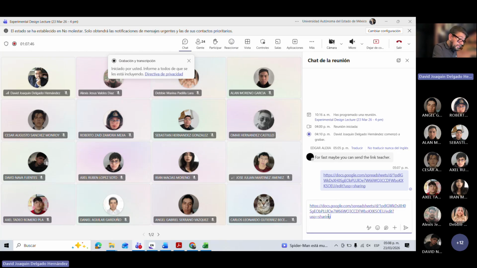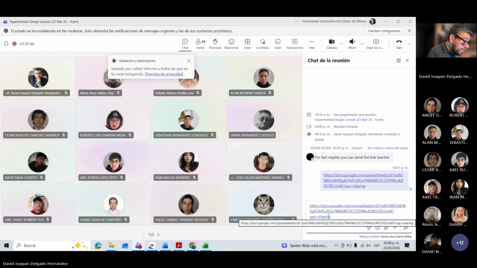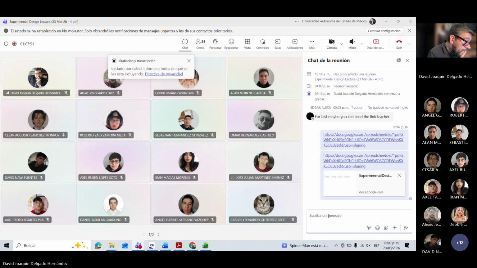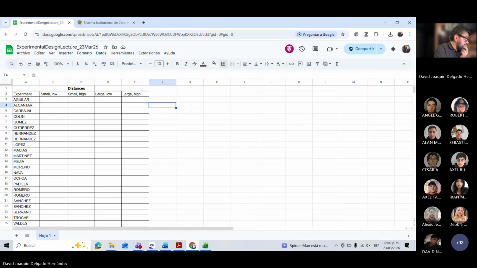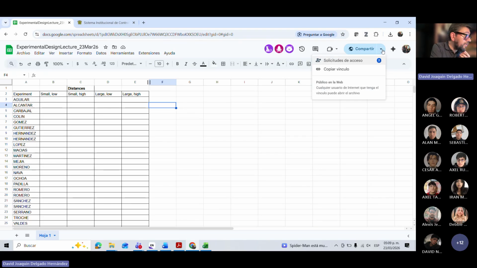I don't know whether it is exactly the same link. Apparently, you are logging in already, right? Teacher, but we can just read the text, not edit. Okay, so let me see. How can I modify that?